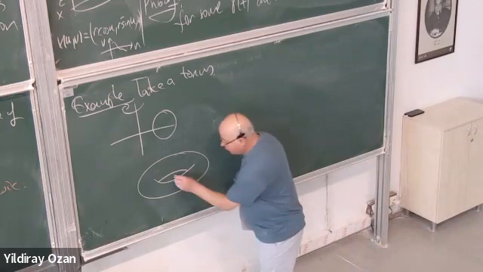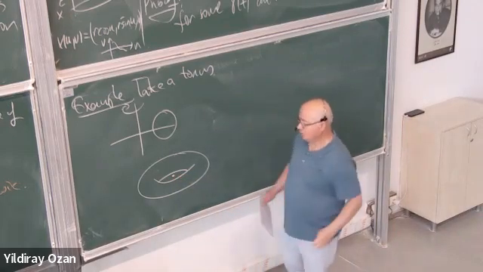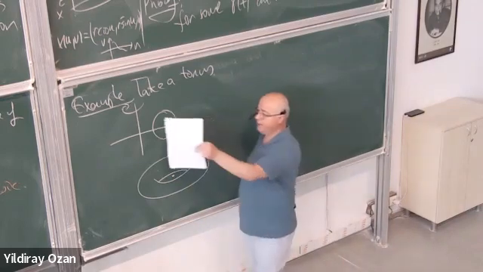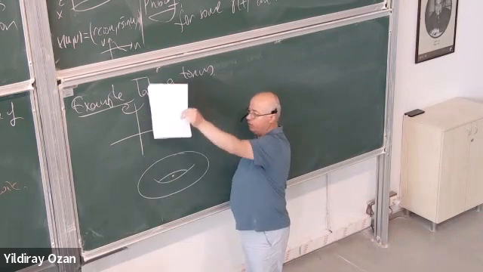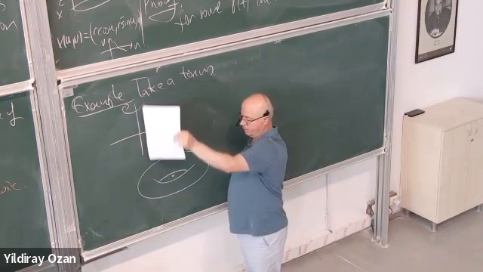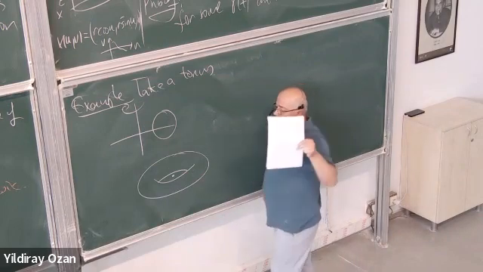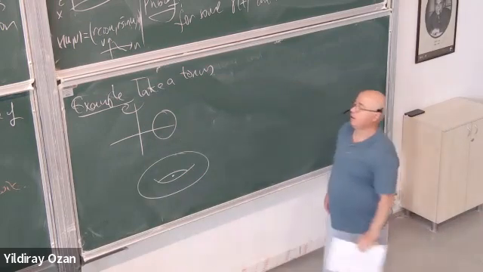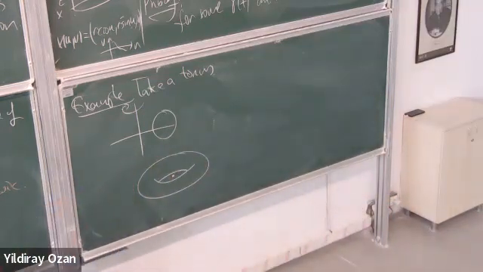You can cut, so this is the center of rotation. Take any plane containing this axis of rotation, and cut it with the plane. You will get circles.